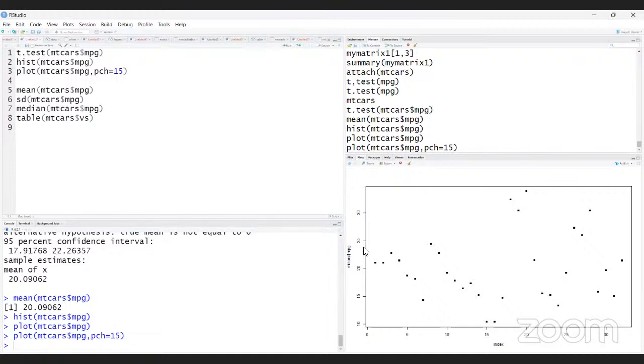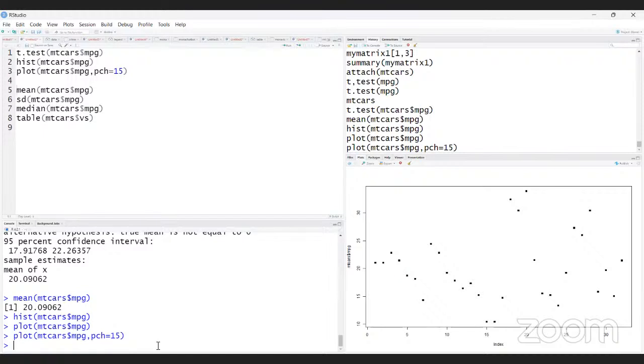That data we can consider as the 95% confidence interval. And the mean is 20.09. So this mean falls here. So this is all about the one sample t-test.